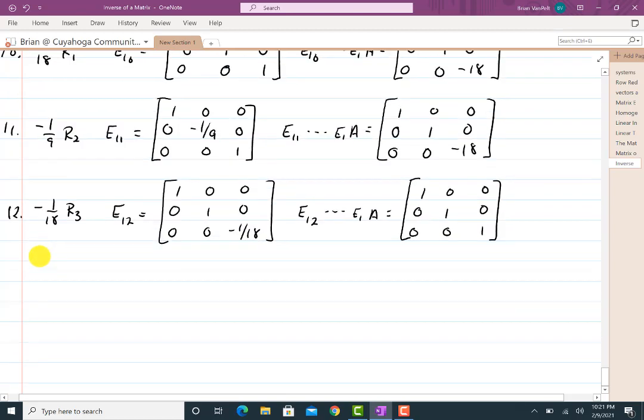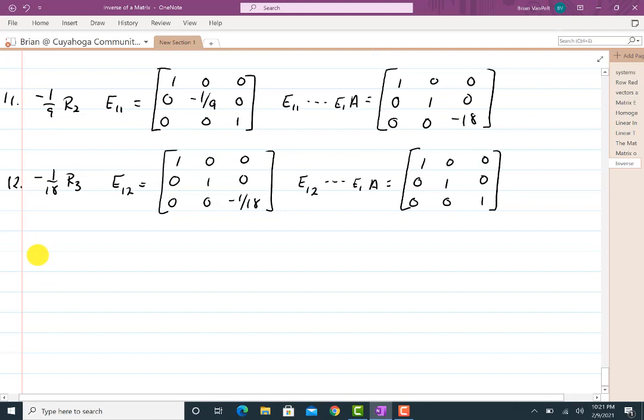And there we have it. So what we have then is E12 dot dot dot E1 times A is equal to the identity matrix. And you don't really have to check the other way. We'll show that in a little bit.